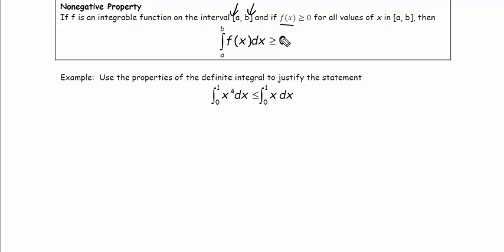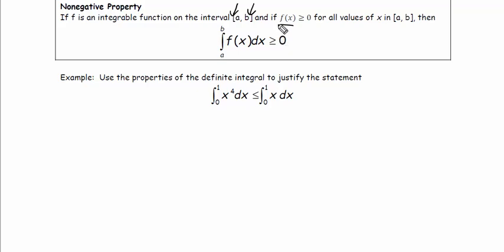I don't want you to think that the value of the area and the value of the integral is always equal to the same value, but if f of x is greater than 0, it will be. Because a thing such as a negative area doesn't exist. You can have a negative value of the integral, but a negative area just does not make sense. Okay, so keep that in mind.